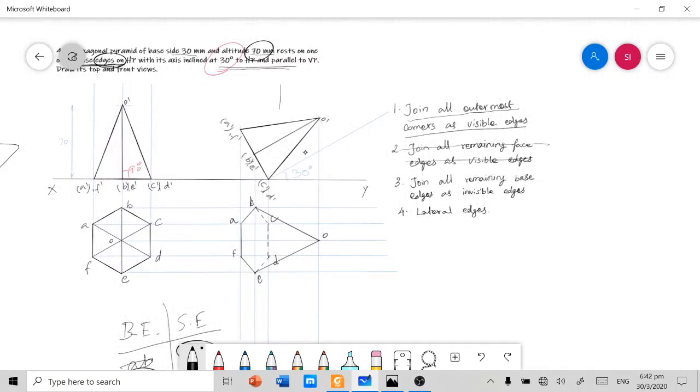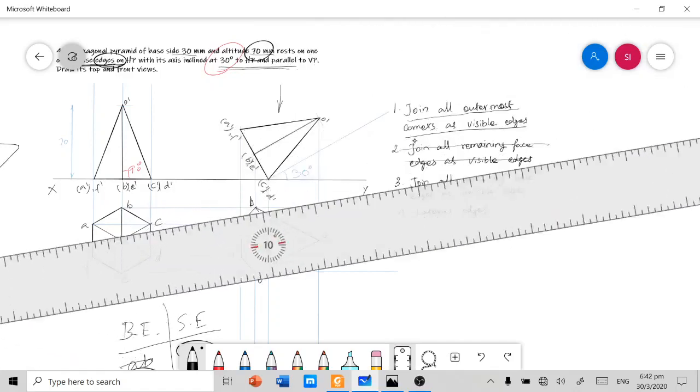When you view it from the top, the slant edges OA and OF are clearly visible to our eyes. So we can connect the edges OA and OF as visible edges.